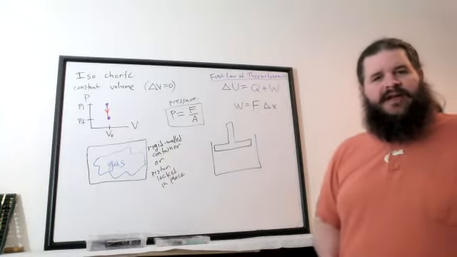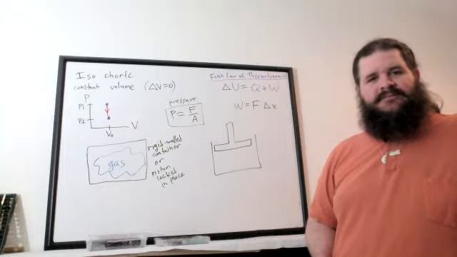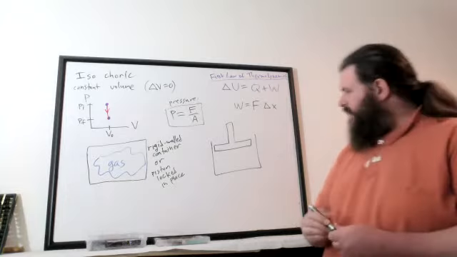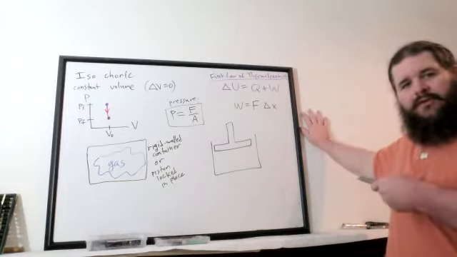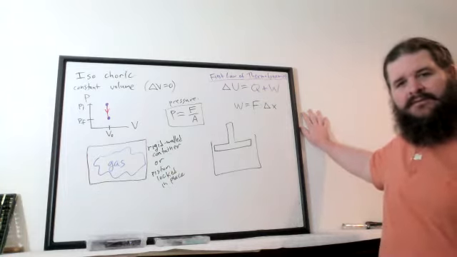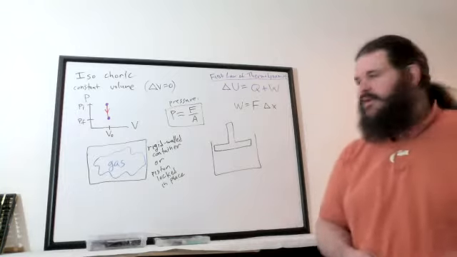But why doesn't that force count as doing any work? Like if I'm pushing on the wall here, I'm exerting a force on the wall. Why doesn't that force count as doing work? Yeah, it's not doing the force over a distance. There's no motion involved.